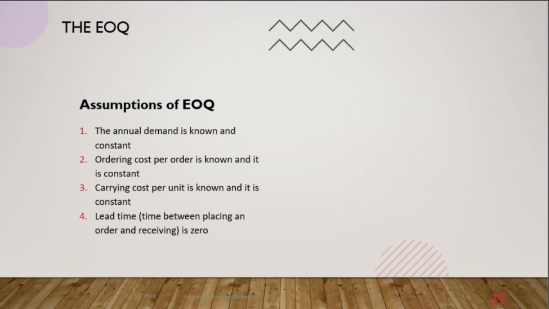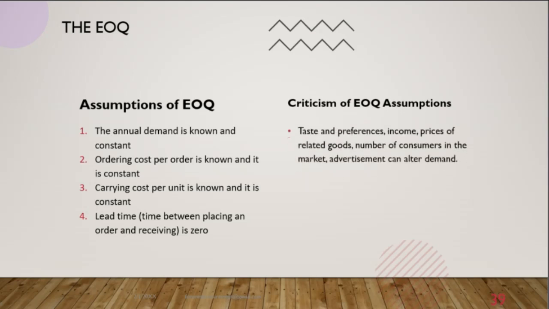But there are some criticisms of these assumptions based on basic realities in day-to-day life in our society. So these criticisms are like this. First, let us look at the first assumption. The first assumption says the annual demand is known and constant. The criticism of that is that taste and preferences are things that affect demand.